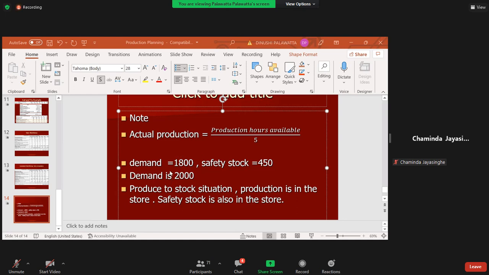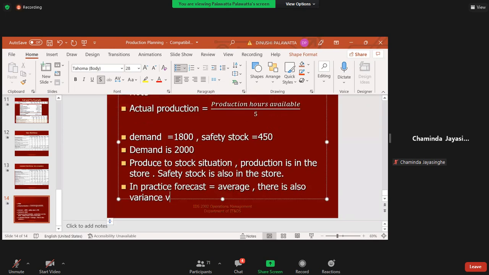There is variation in demand, right? So when we estimate demand in practice, forecast equals average demand, and then there is also variance, right?